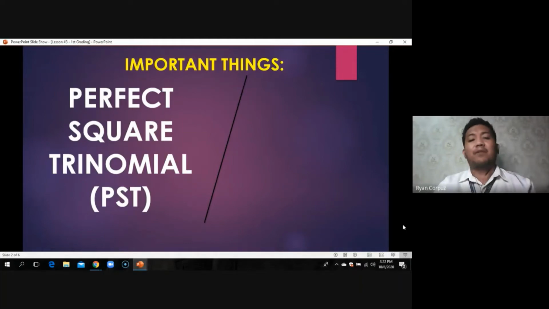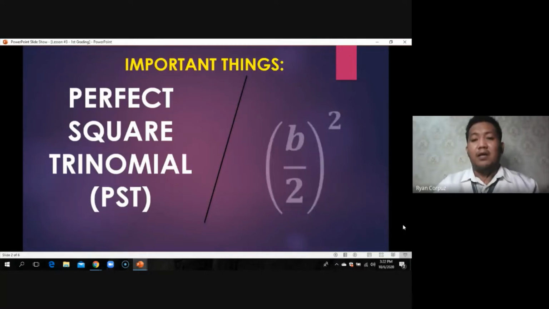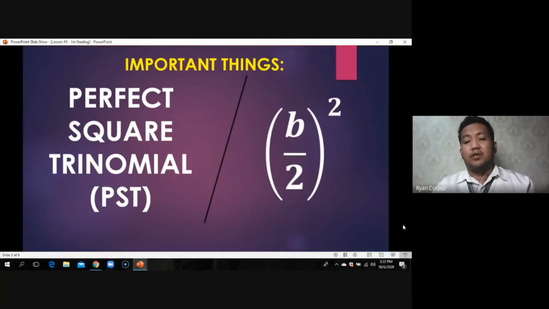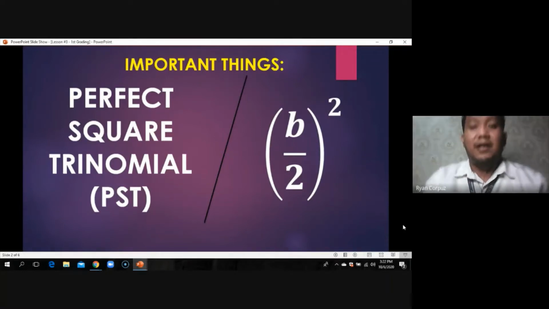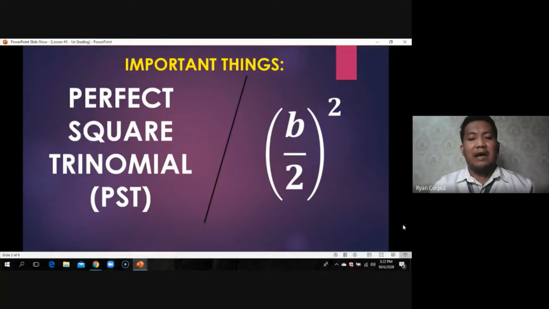So aside from perfect square trinomial or PST, another important thing which is needed in solving quadratic equation by completing the square is the expression b over 2 quantity squared. That expression is very important because it will help us in finding a number or a term that will make us form a perfect square trinomial.